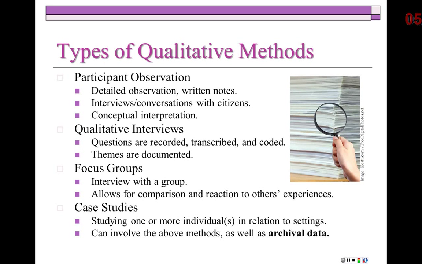So there are various types of qualitative methods, and there are tons of them. I mean, there are literally books and books and books written on this stuff, so this is just a very brief introduction to the various types of qualitative methods that community psychologists generally use. Participant observation.